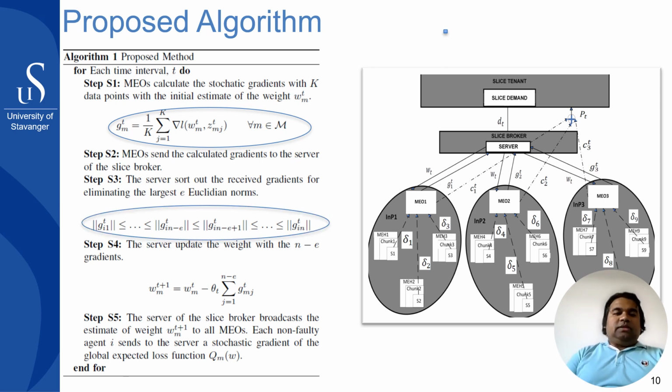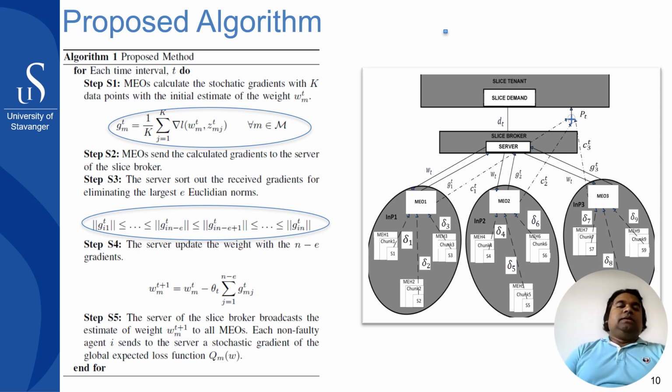Then the server sorts the received gradients for eliminating the largest Euclidean norms. This is a very important step in our algorithm, because now we will eliminate some gradients based on the cumulative gradient elimination, or CGE, method. We will calculate the Euclidean norms, and we will skip those gradients that have the largest Euclidean norms.